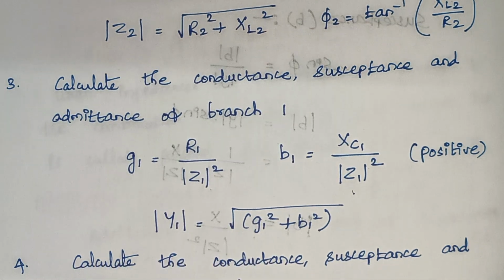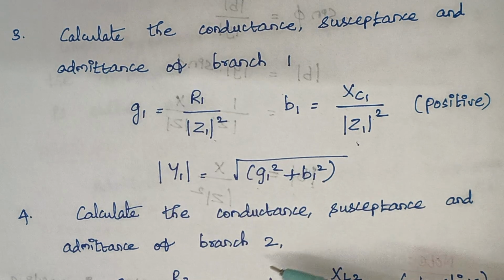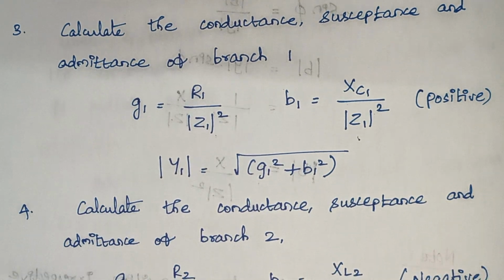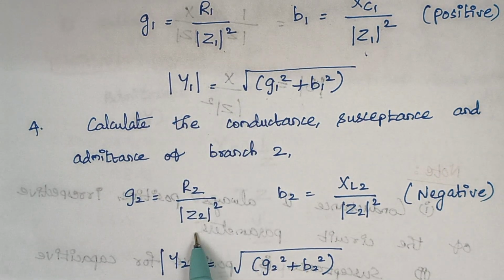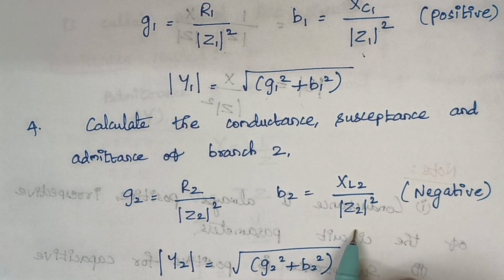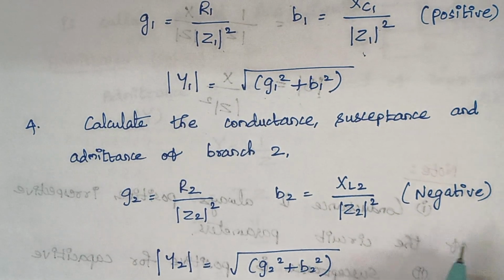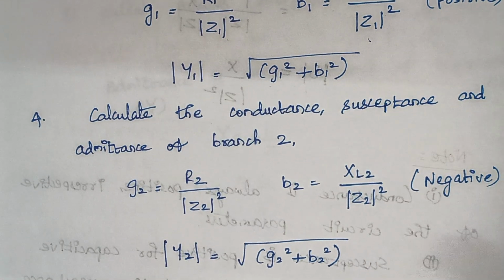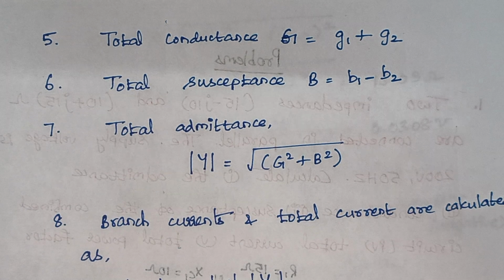And the next thing is calculate the conductance, susceptance and admittance of branch 2, right? So here G2 is given by R2 by Z2 square and B2 is XL2 by Z2 square. Since here it is inductance, the value of this susceptance is negative. And Y2 is given by square root of G2 square plus B2 square.